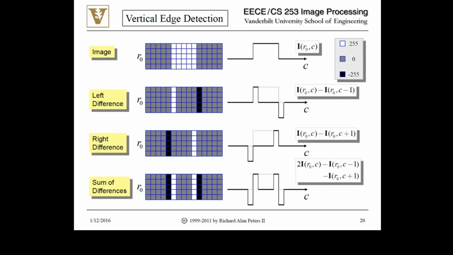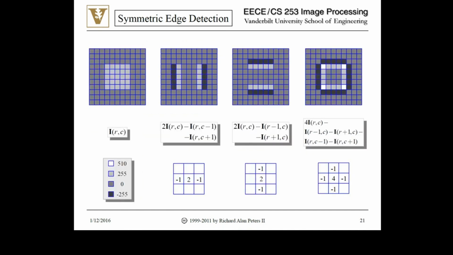Then we can add the two, and we can have something that behaves more symmetric. And the same in y, and then we can add. So we have the symmetric derivative in x, the symmetric derivative in y. We can add both.